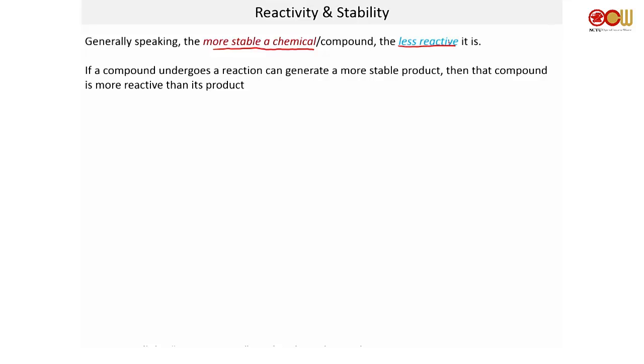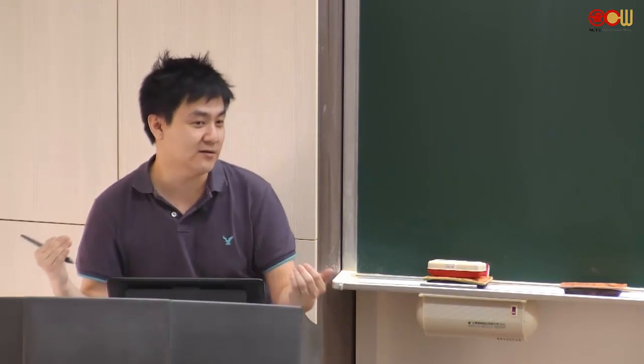Now, I want you to develop a feeling, when you look at a chemical structure, for whether it is stable, based on the functional groups. Do you think this molecule is stable? If it is, then probably it does not react very well.